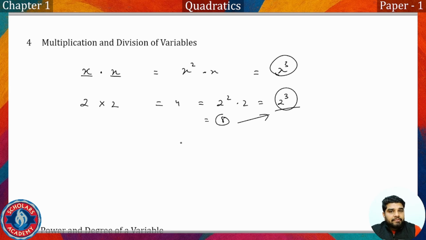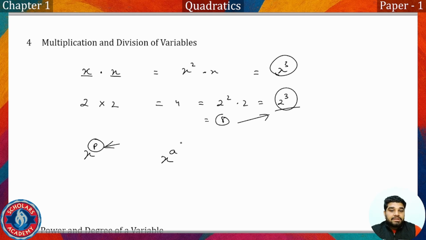What is happening over here? If we multiply the x's or the variables, we are just changing the power. Whatever I multiply, for example, if I take x, the variable should be the same.